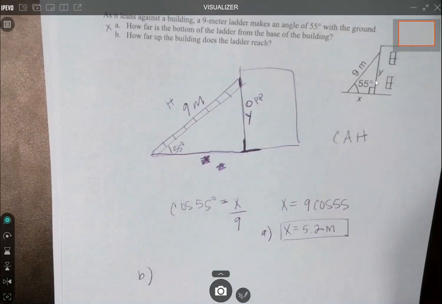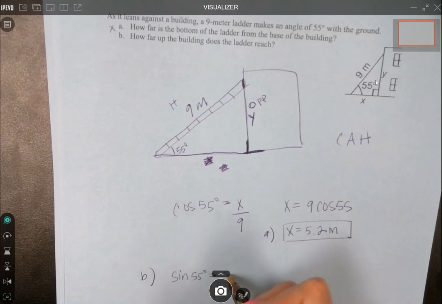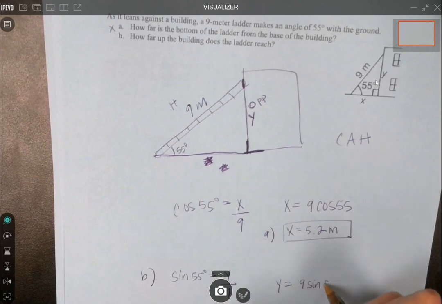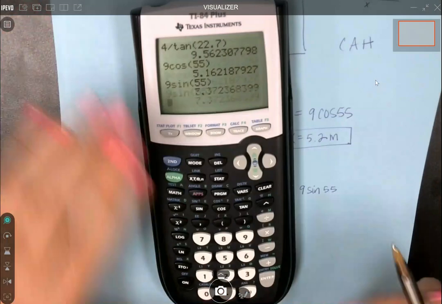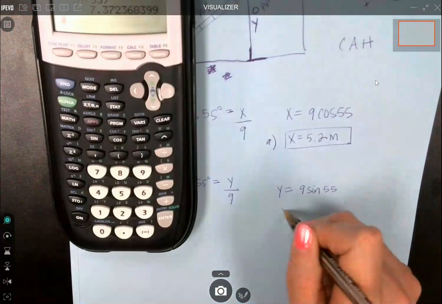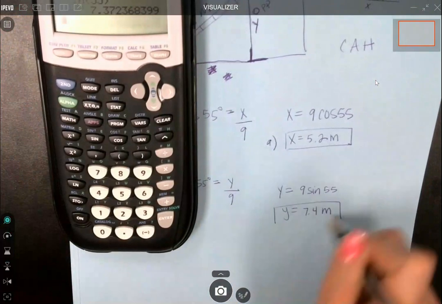So I'm going to switch this time, and now we're going to do the O and the H, which is the sine. So the sine of 55 equals the opposite over hypotenuse. So 9 times the sine of 55. 7.4. So y equals 7.4 meters.